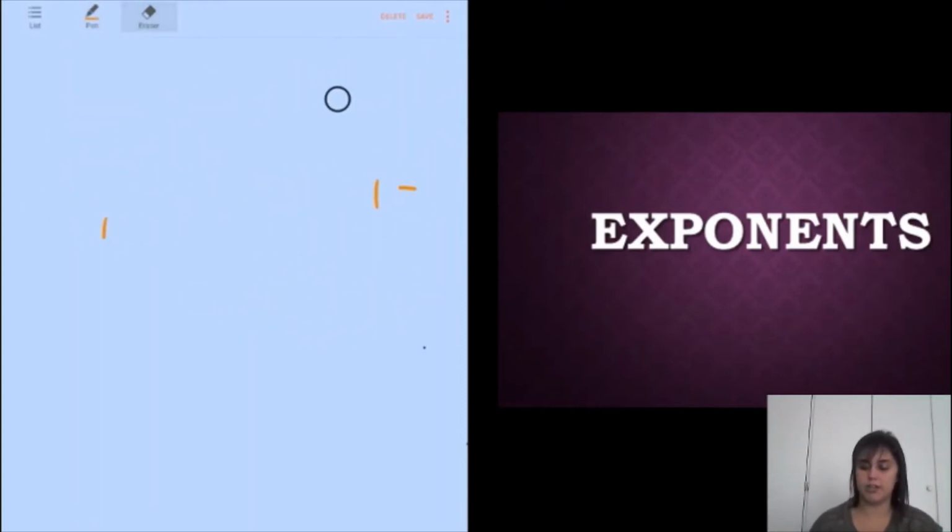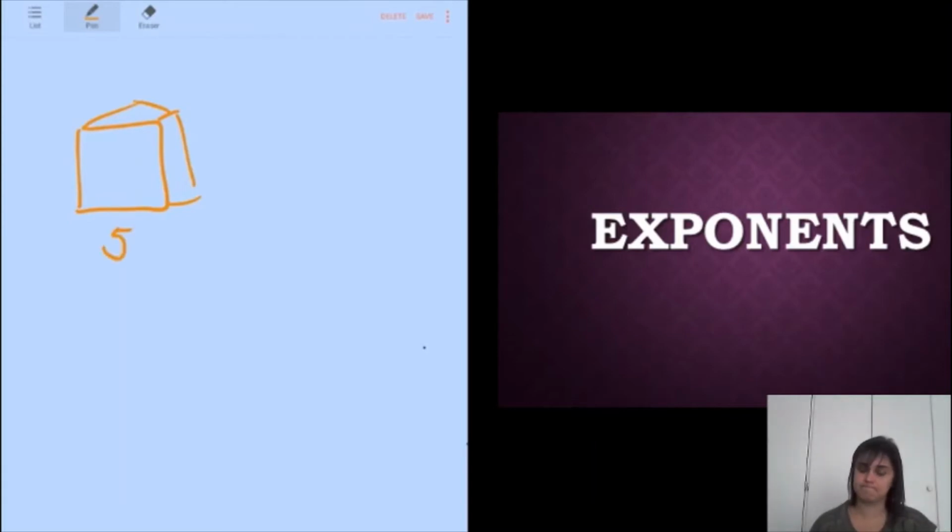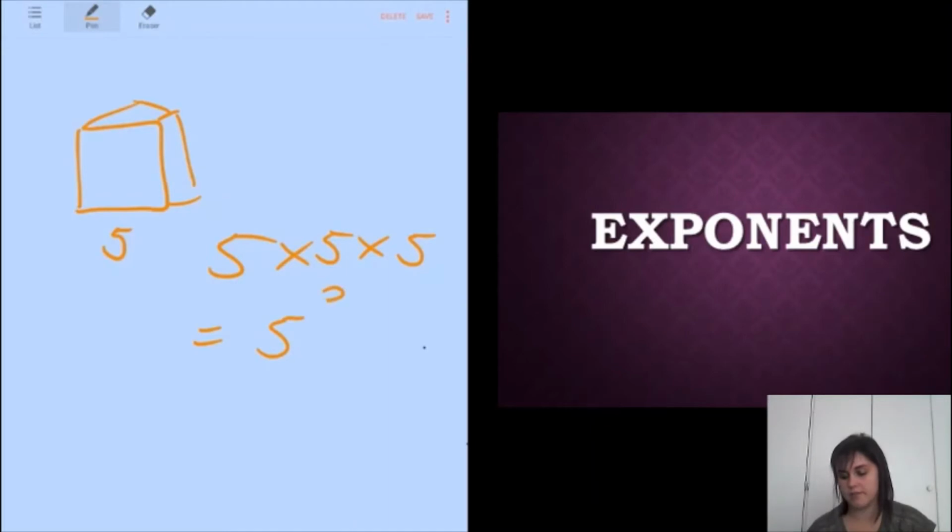So let's go have a look at another one. Again, I'm going to just do a little cube. And this time I'm going to tell you that it is 5. So that means 5 times 5 times 5, because it's length times breadth times height, will be the same as 5 cubed, because it's a cube.